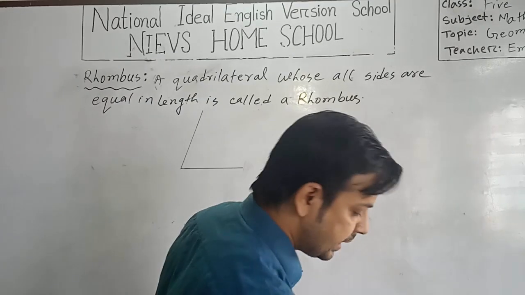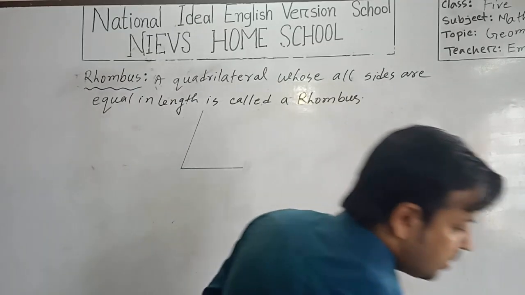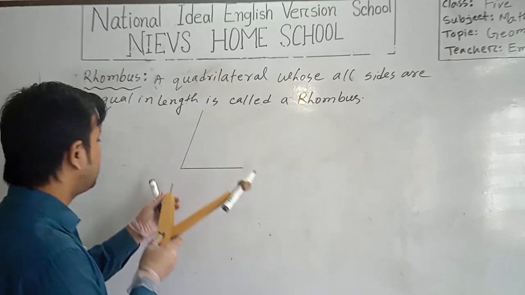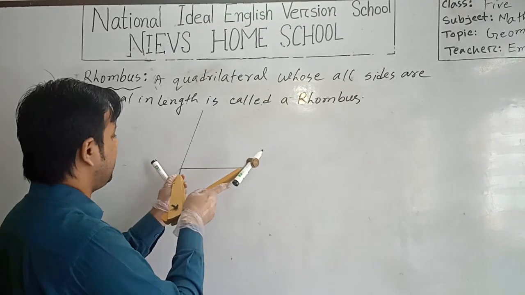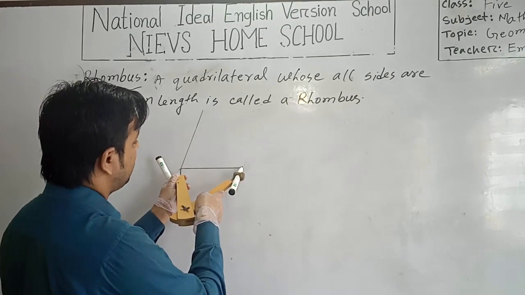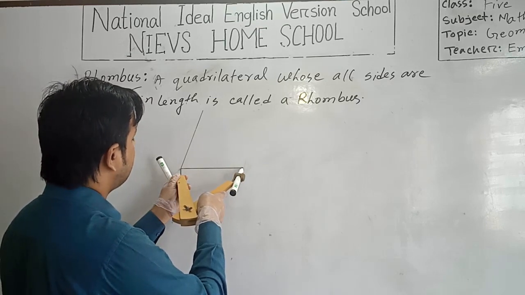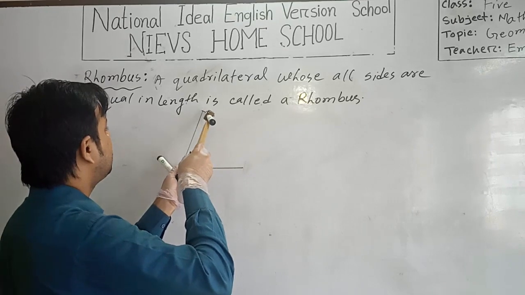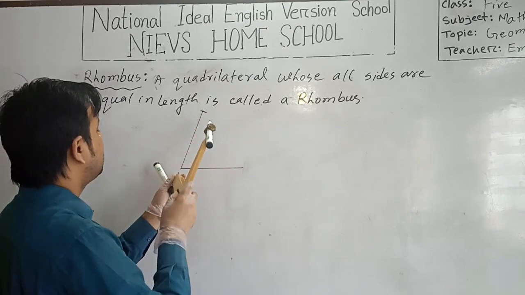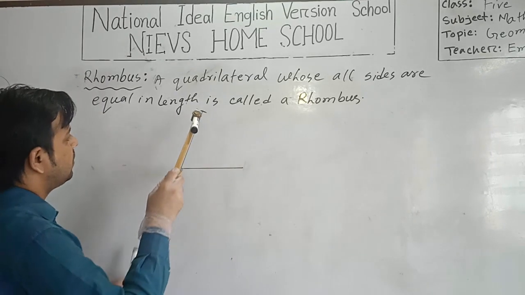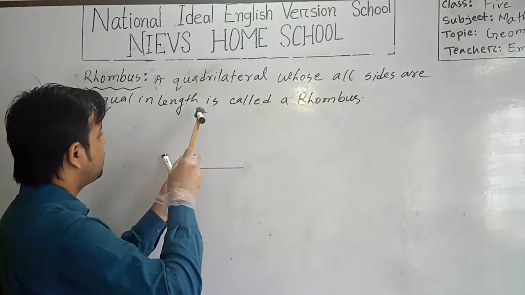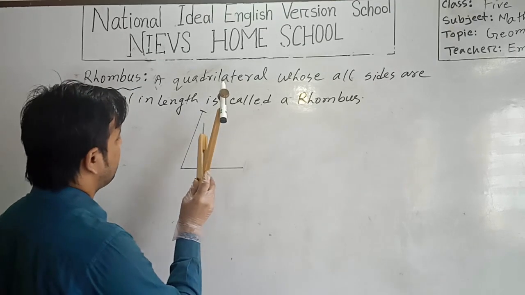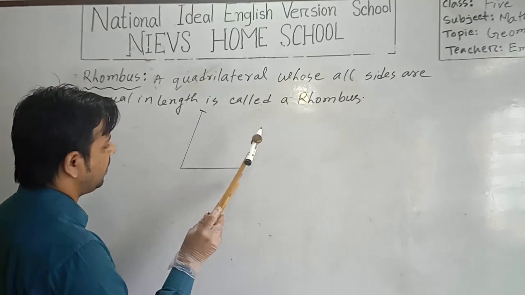Now, take the pencil compass and measure the length which is given, which you have drawn at first. Then cut this line. Then you will get 2 points. This is the point, this is the point.